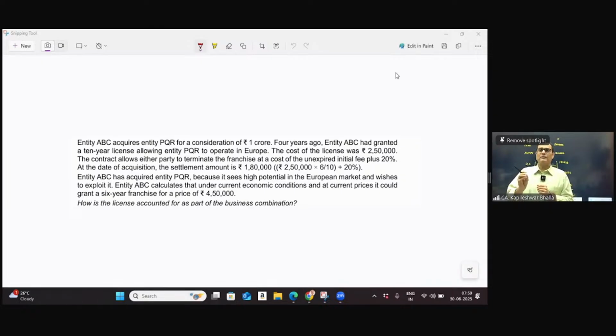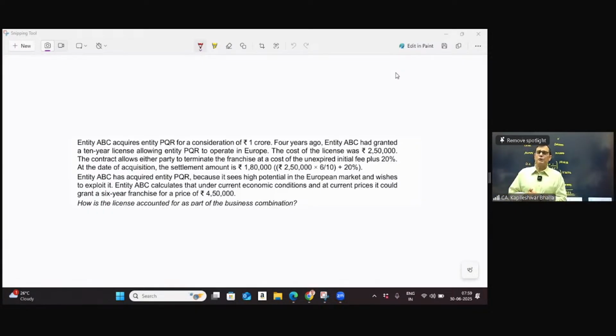Whatever the book value is represents the unexpired fee, because what was paid initially is the fee. When you amortize it over the life of the license, you call it the book value or the unexpired fee. It's one and the same thing, synonymous terms. So the unexpired initial fee represents the book value of the intangible in the books of PQR. I hope you got the point.